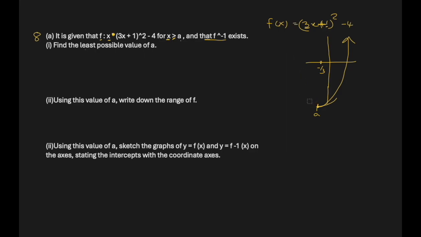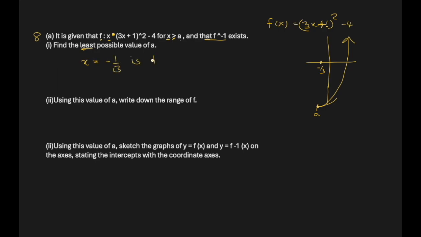So this is the one, and now they're saying write down the least possible value of a, and we got it. It is minus 1/3. The least possible value of x is minus 1/3.